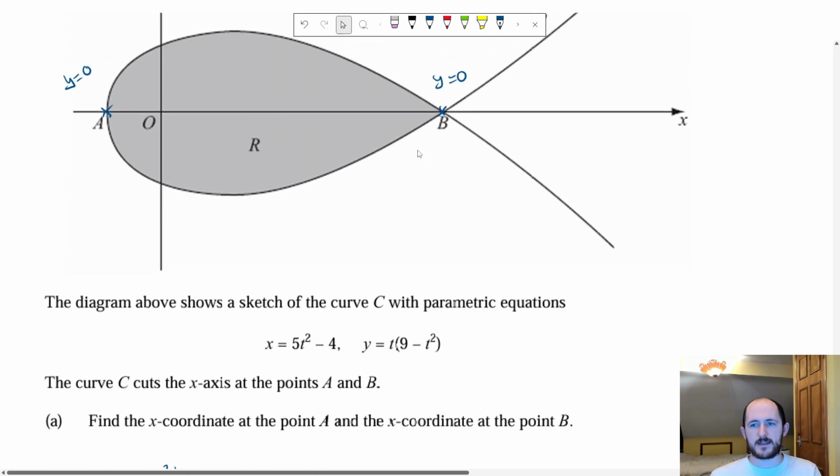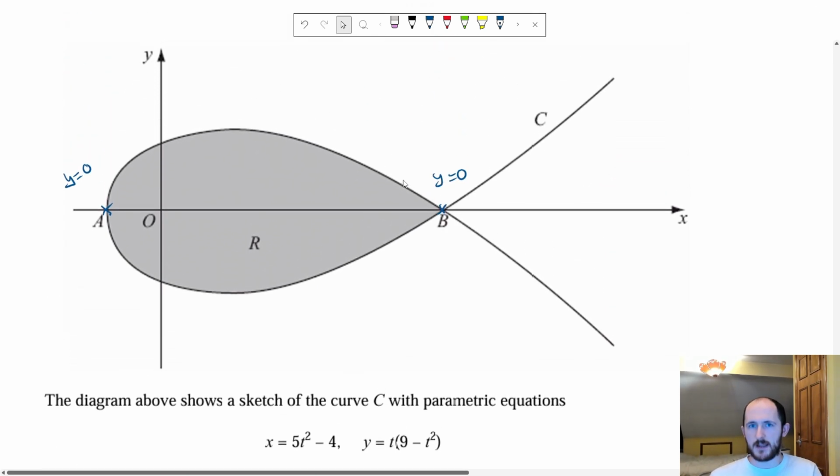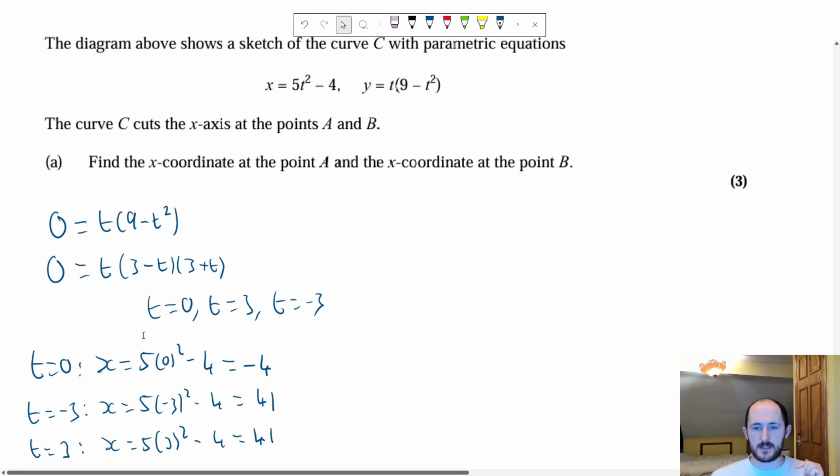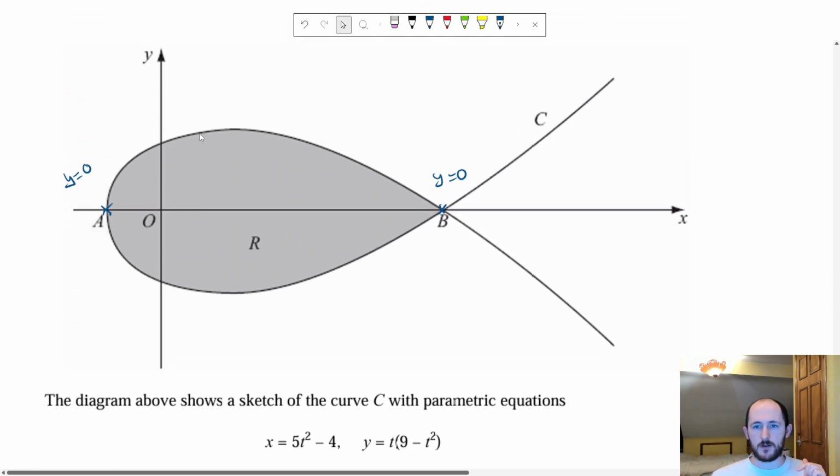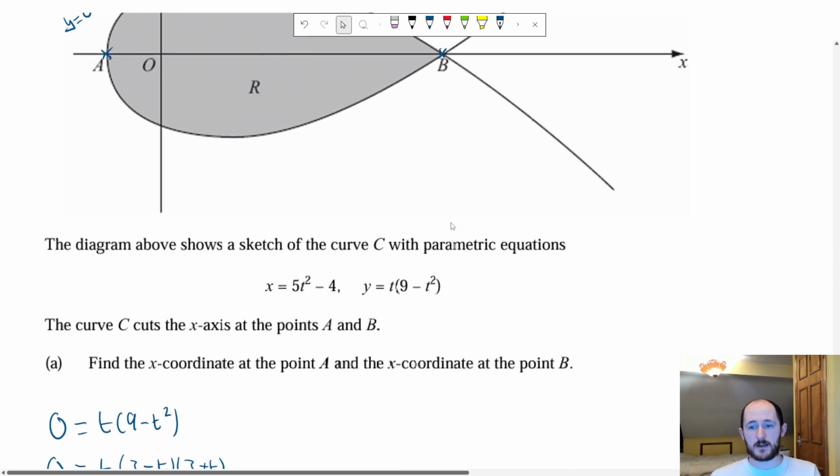Now, to think of why this happens, keep in mind that we actually cross the x-axis twice at the same place. That's why there's three solutions here. One of them is at A, but then if you notice, this part of the curve goes through B and this part goes through B. So we get two solutions at B with the same x-coordinate.